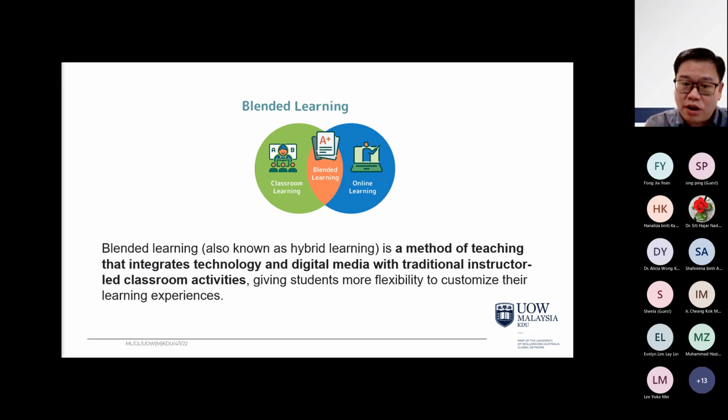Based on students' requirements, what is needed by the student, and what the student should attain in the future. So that is blended. Many of you in your class are definitely doing blended already, but not consciously. You are not aware that you are actually doing blended, but in a way it already is.